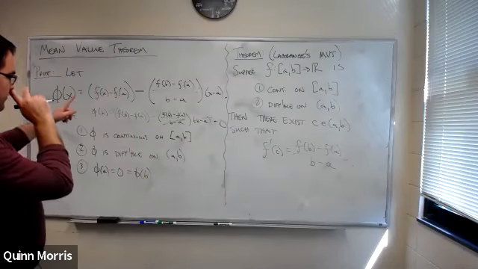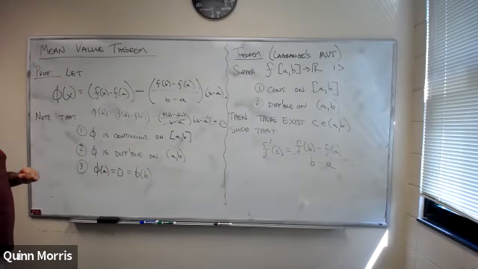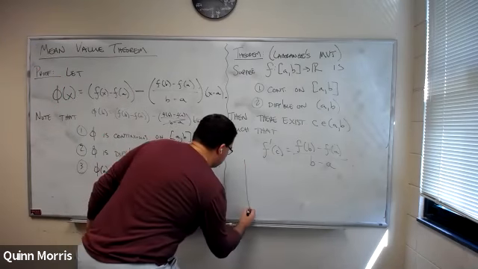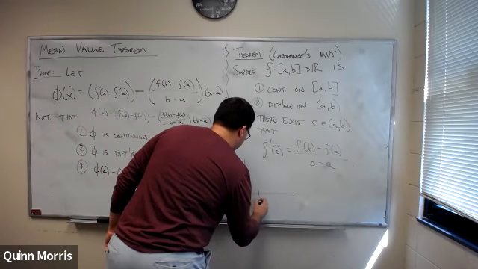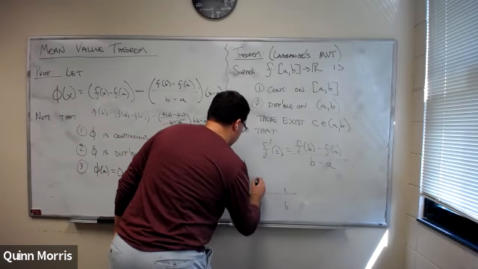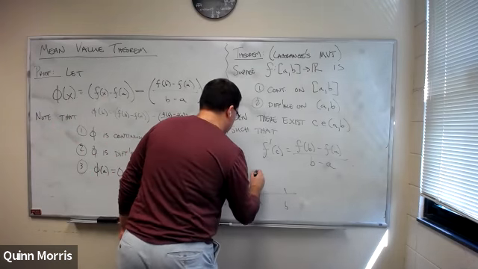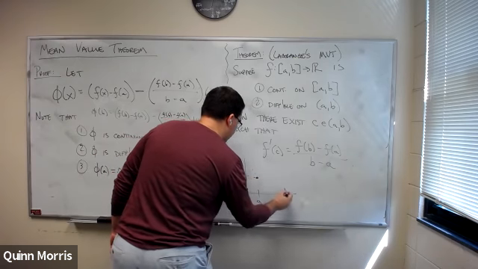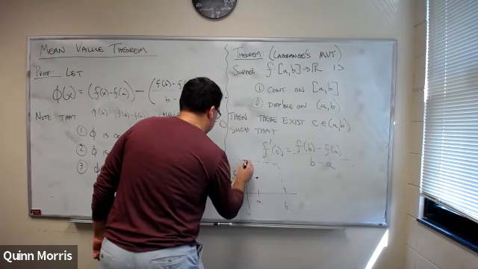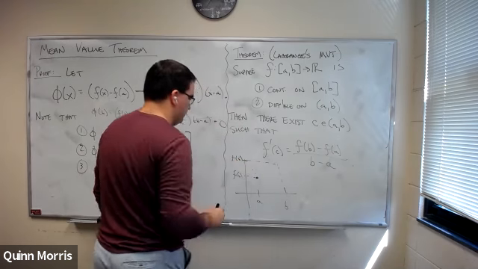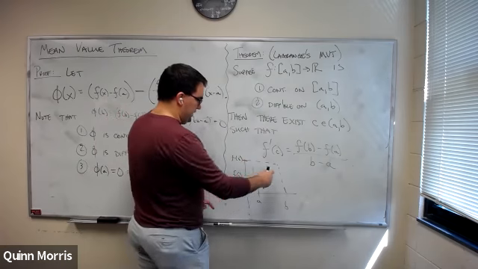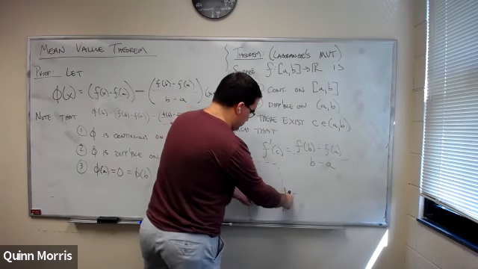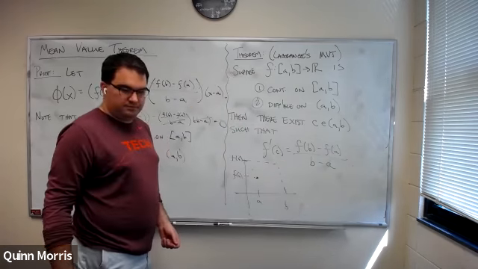So essentially, if you ask me why I chose this function, I would say because this is the function that takes, here's f of a, and here's f of b, and it maps these two endpoints down to 0.